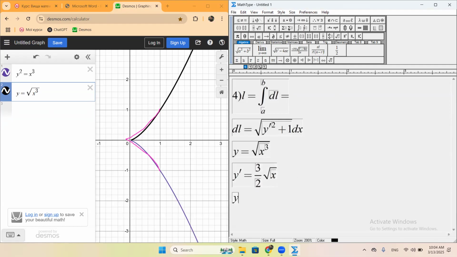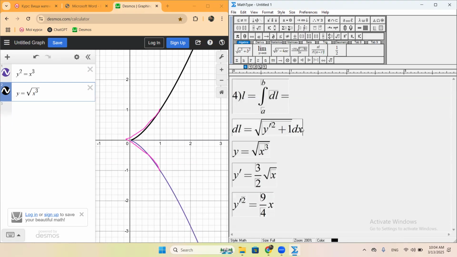Then y prime squared equals 9 over 4 x. So 1 plus 9 over 4 x.